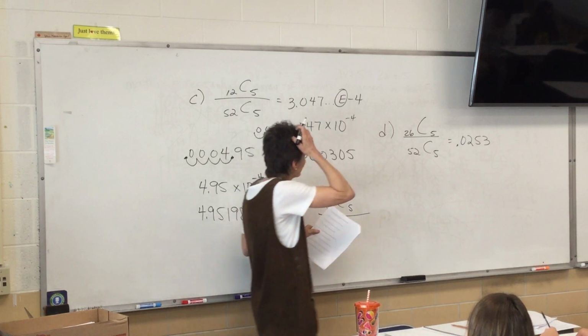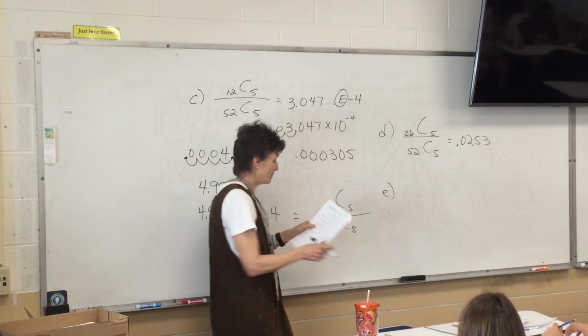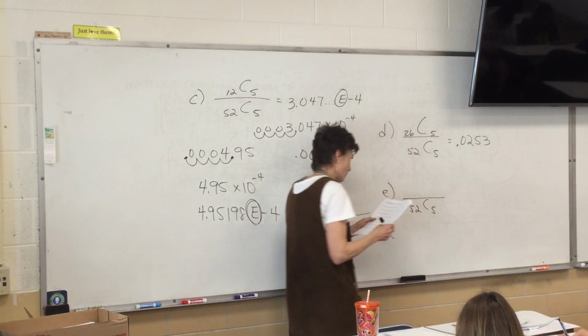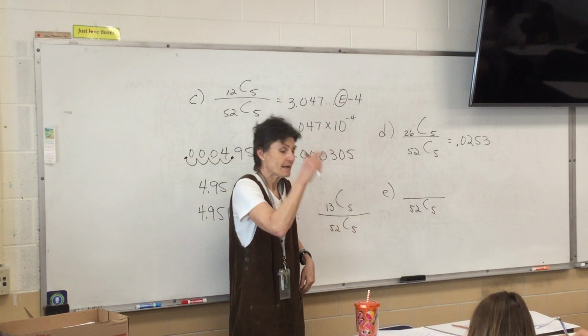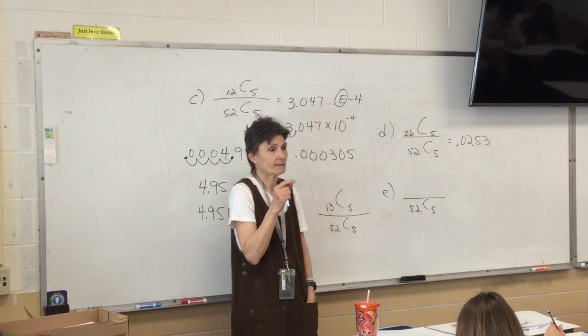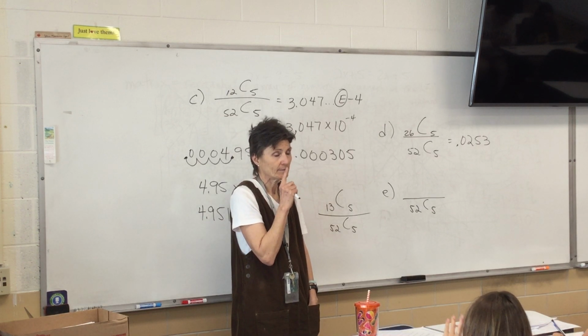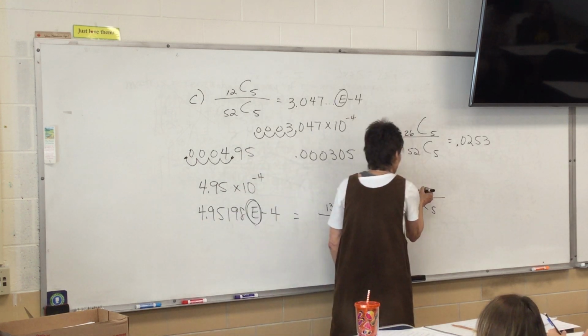All right, letter E. What's the probability? Denominator 52C5. Numerator is 3 jacks and 2 kings. What does "and" mean? Multiply. So I'm going to have a couple of things multiplied.